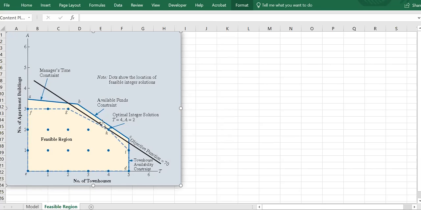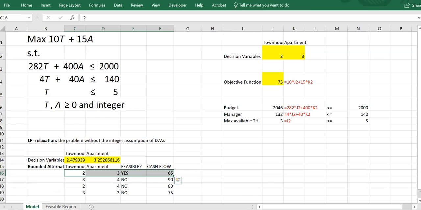And it's great to know the concept of the convex hull, which is a smaller feasible region that only contains corners, extreme points that are integer, that are actually feasible in terms of our integer constraint. So moving back to our model, now let's go ahead and find the actual optimal solution having these integer constraints and see if it's the same as what we had here using the rounding technique.